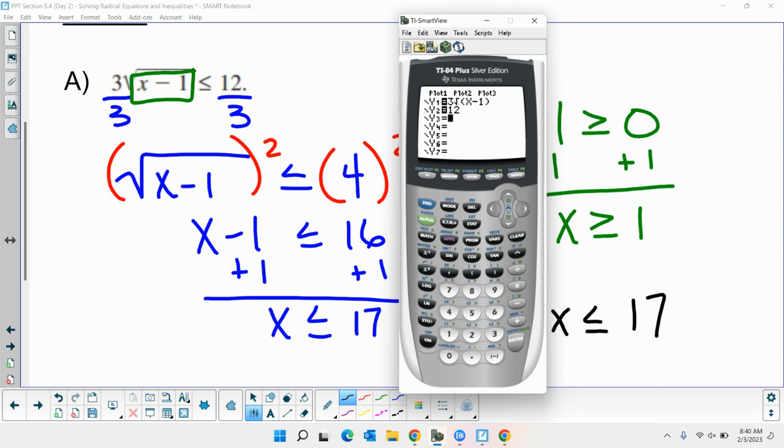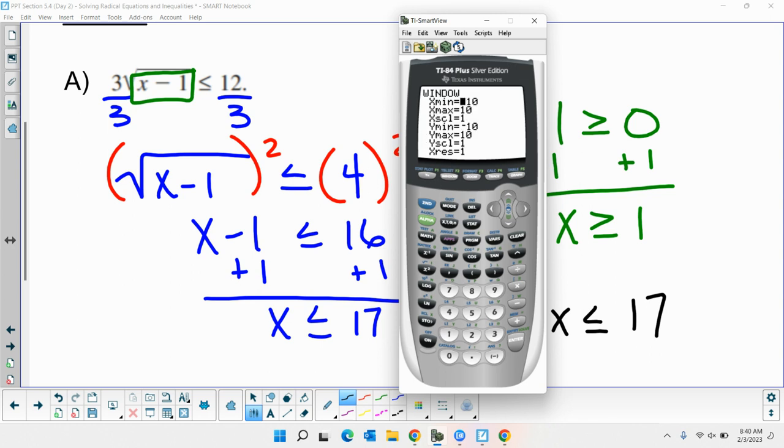So we want, where is this graph, and that's the one that's going to show up first because I typed it in first, going to be less than that, okay? Meaning underneath it. All right, so since my y is 12, right, is it going to show up in my 10 by 10 picture? No, okay? It's not going to show up.